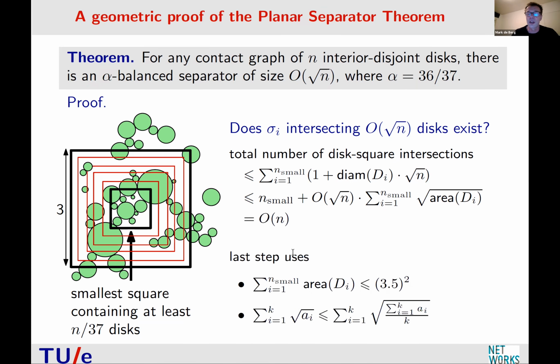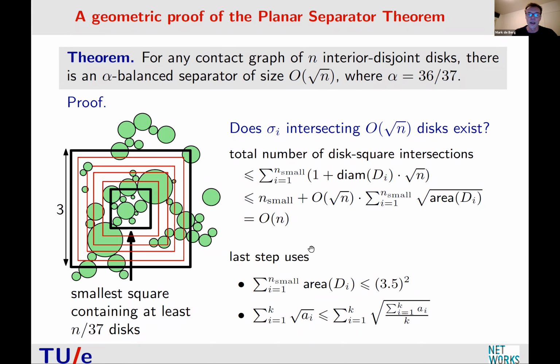So that is actually linear. So why is it linear? Well, I have to show that this last summation here is square root of n. And well, that's again some kind of packing argument that uses that all disks lie inside this bounded region, well, not quite inside. They might be sticking out a bit out of this larger square.